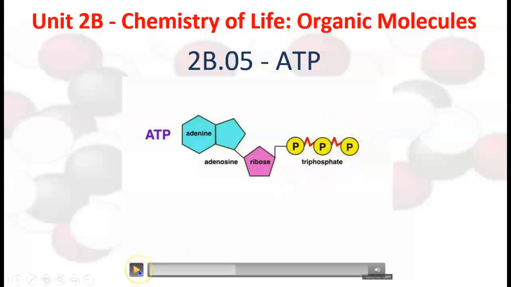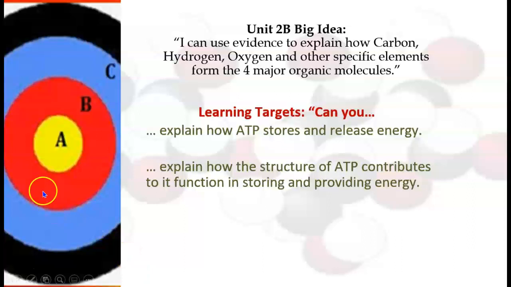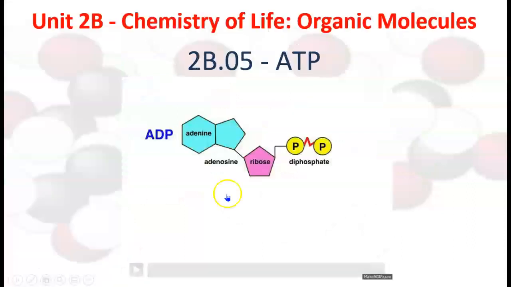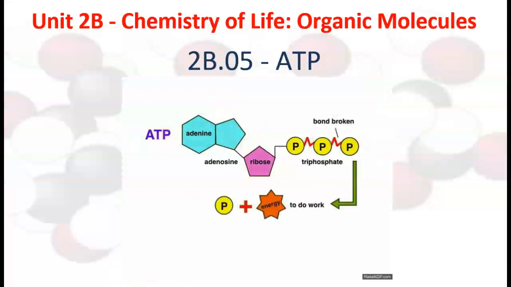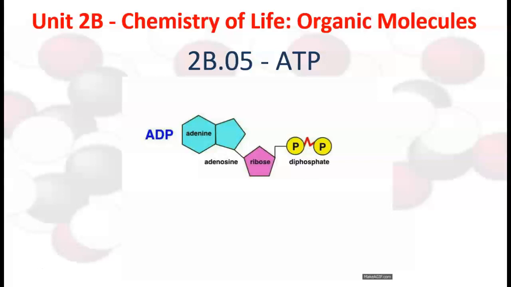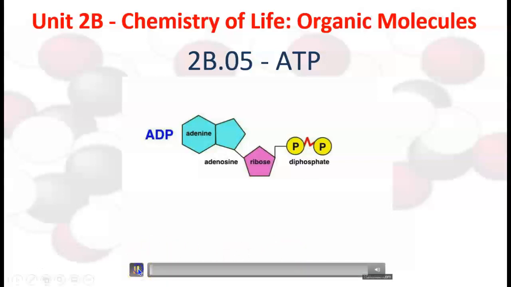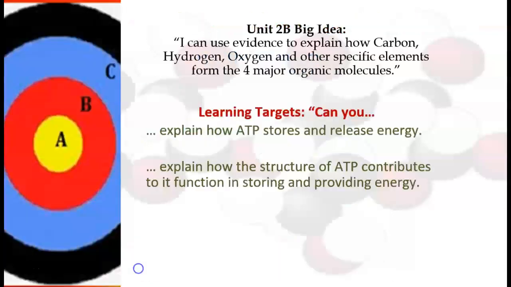So in order to get the energy, you've got to pop off that extra phosphate. So watch the cycle. High energy, bond broken, energy's out. Add energy to the end, and a phosphate group.